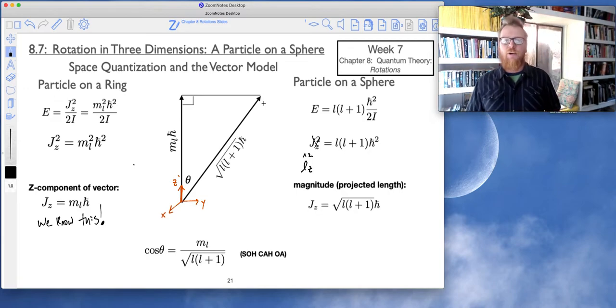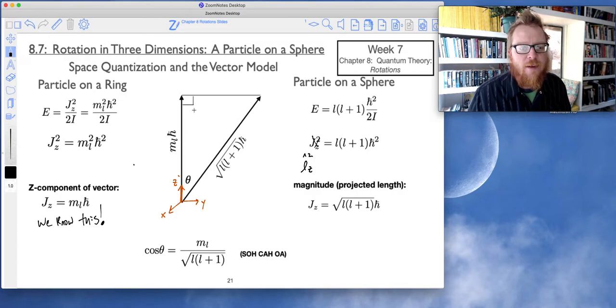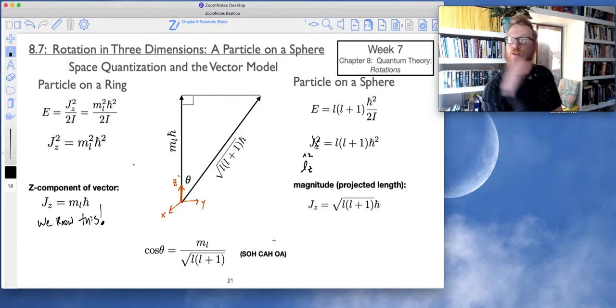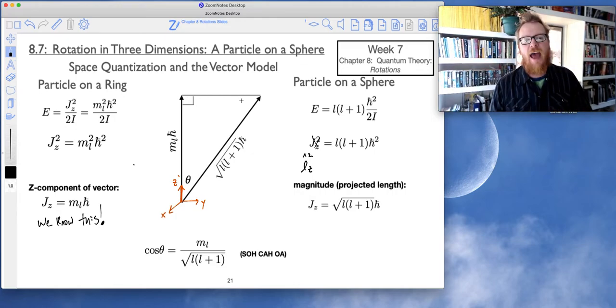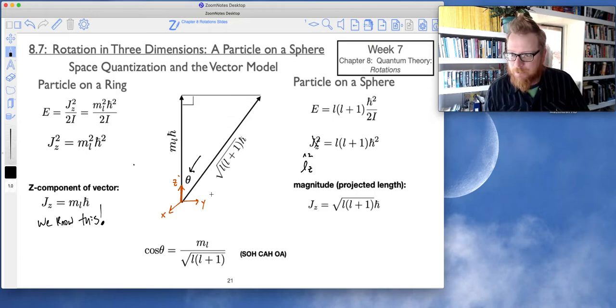And the reason why it makes a 90-degree triangle is because we know this length and we know this length. And remember that my particle is going all the way around full circle. Okay? So that means this length has to be fixed and given by the angle theta.